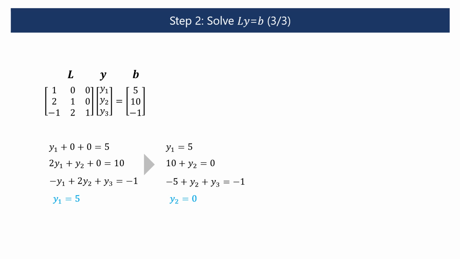We can find that y2 equals 0. Finally, substitute y1 equals 5 and y2 equals minus 4 into the third equation to solve for y3. We can find that y3 equals 4. So, the solution for y is this vector.